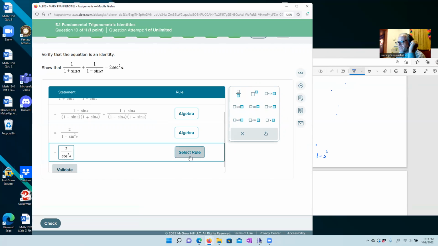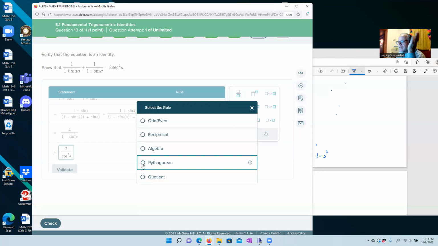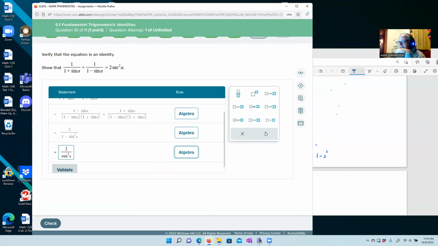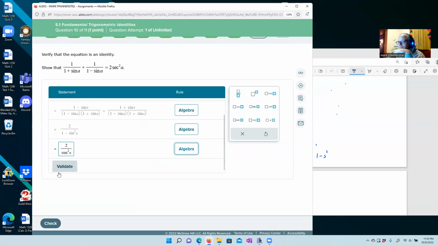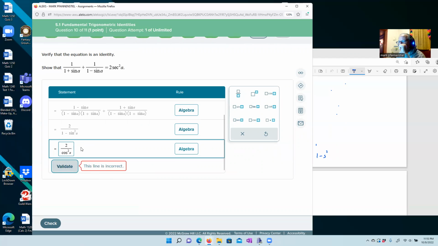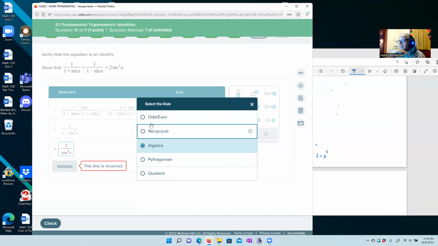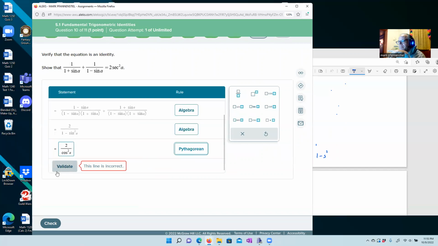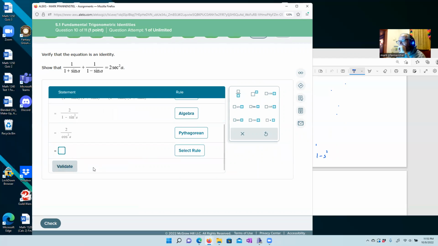That's an algebra step, because all we did was plug that in. So we'll say it's an algebra step. And again, when in doubt, pick algebra. That's probably your best bet. This line is incorrect. Oh, because it's not algebra, it was a Pythagorean step. See how picky they're going to get. Now they're okay.